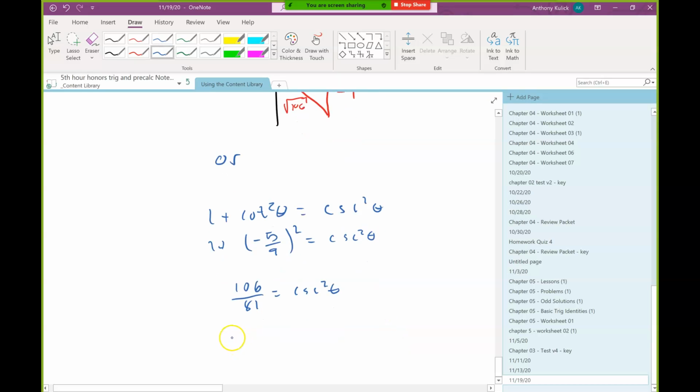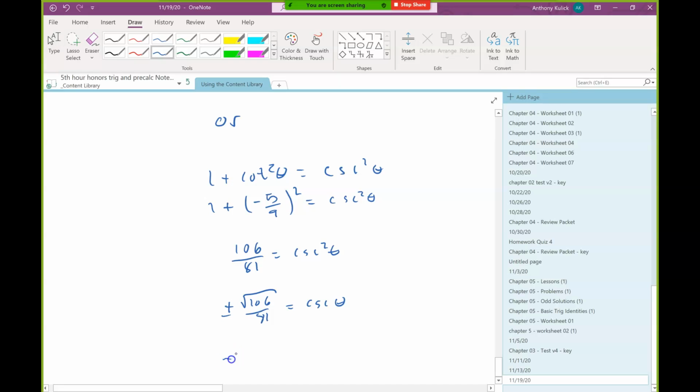And if we square root both sides, we get plus or minus the square root of 106 over 81 is equal to cosecant. I just made a common denominator there quickly in my head. And because cosecant is negative the same place sine is negative, I know that this is negative square root of 106 over 81.